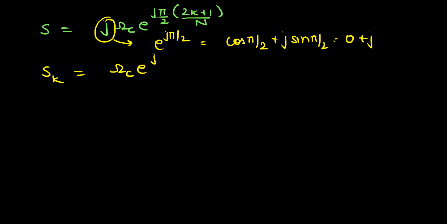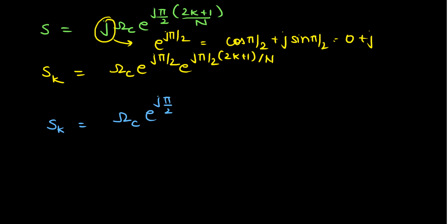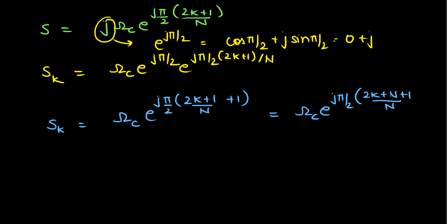to the power j pi by 2 into e to the power j pi by 2 into 2k plus 1 divided by n. So what we have is sk is equal to omega c into e to the power j pi by 2 inside the bracket 2k plus 1 divided by n plus 1, which is equal to omega c into e to the power j pi by 2 inside the bracket 2k plus n plus 1 divided by n.